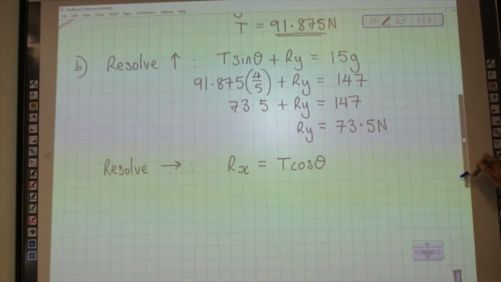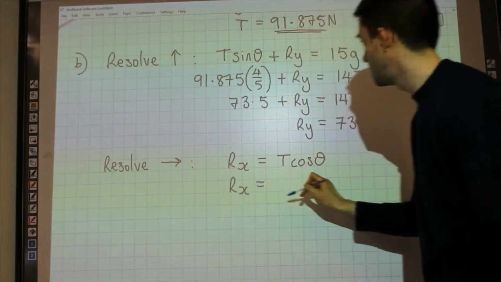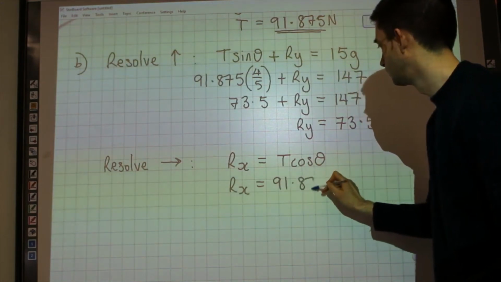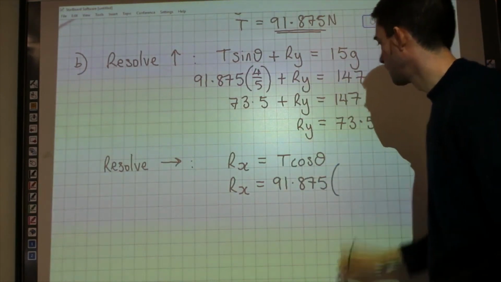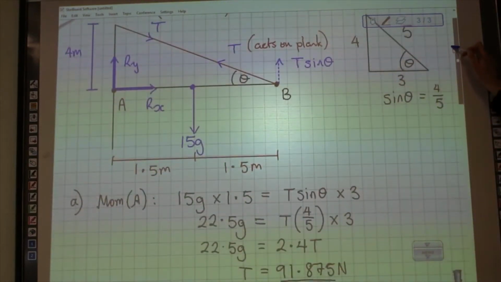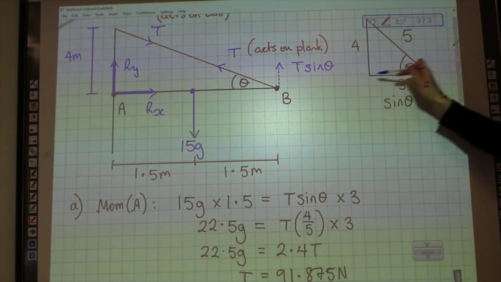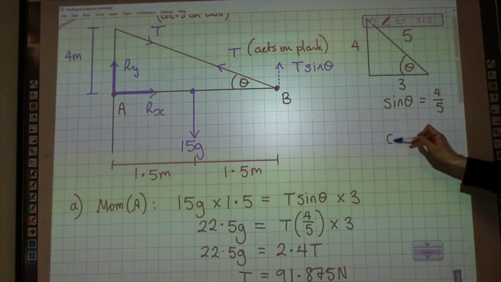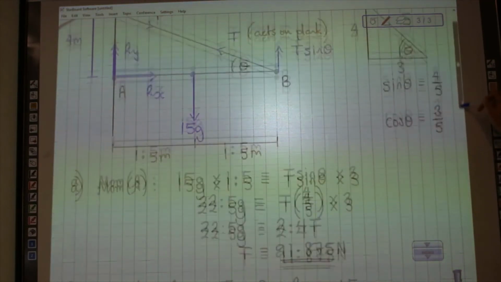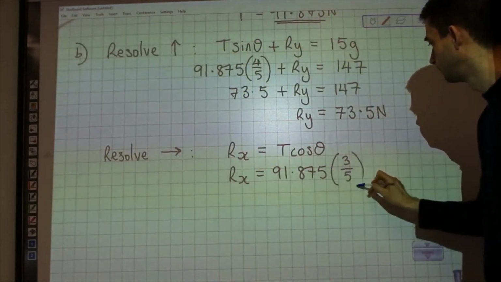So I have the reaction at X, which is equal to T cos theta. I know that T is 91.875. Cos theta, I haven't explicitly worked out yet, but if I go back to the triangle that I drew earlier on, cos theta, adjacent over hypotenuse, is going to equal 3/5. 3/5 there.